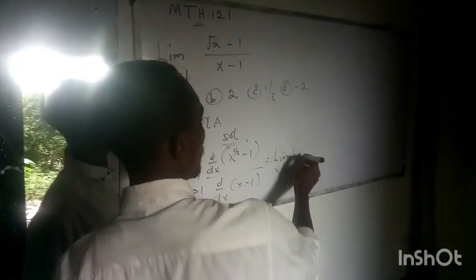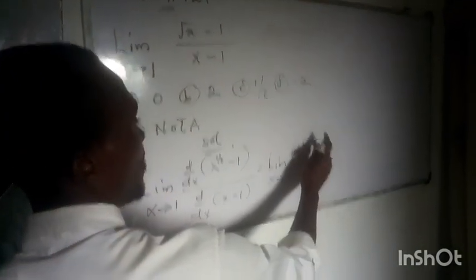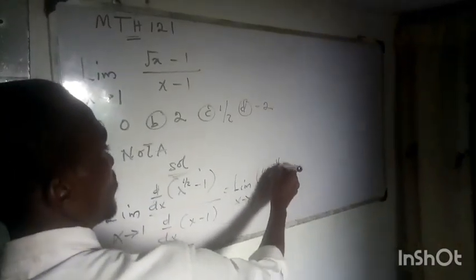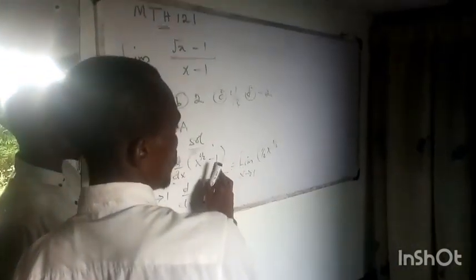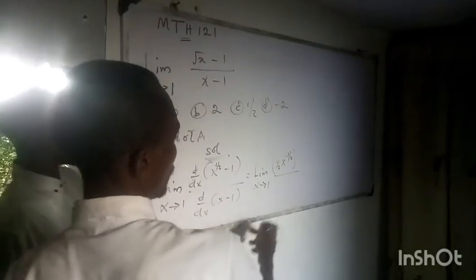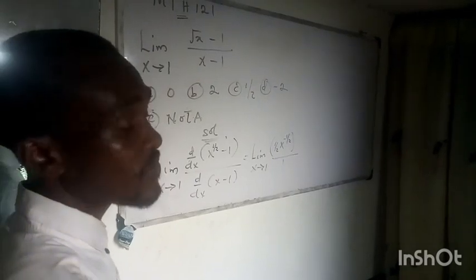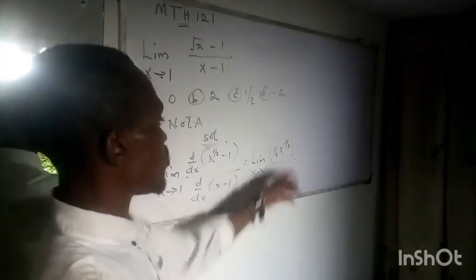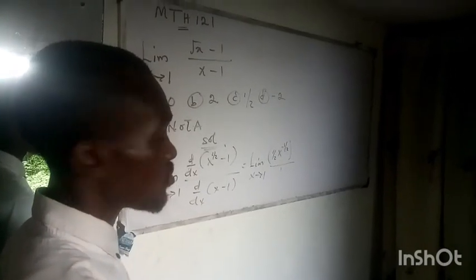Now the differentiation is going to be half x, then half minus 1, which is minus half. Then the differentiation of 1 is 0. So we have the differentiation of x is 1, and the differentiation of 1 is 0. So this is what we have after using L'Hospital's rule.